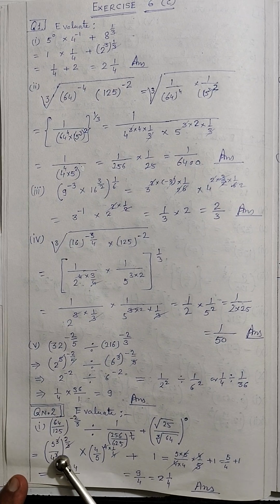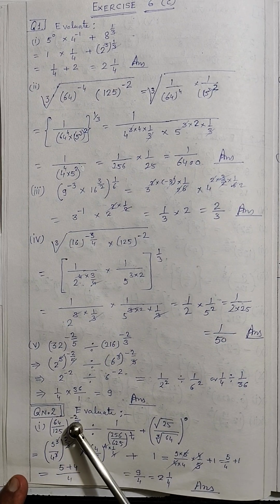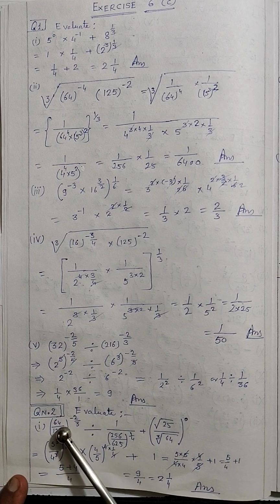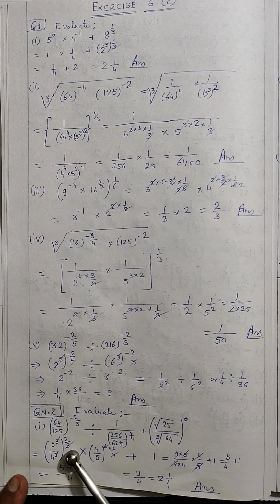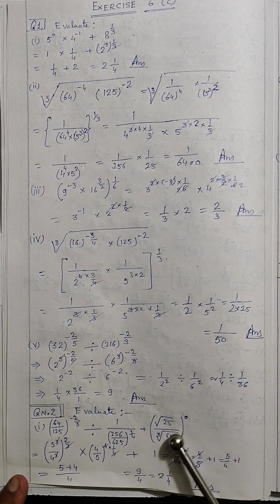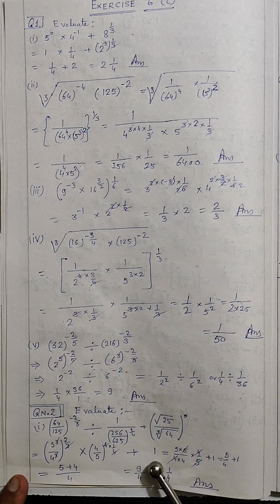Here the 64 that is written here, because it is minus, I have inverted it. The 64 will come here, as 4 raised to power 3 and 5 raised to power 3. This 3 and this 3 will be cancelled. So ultimately we will get here raised to power 0, that will be equal to 1.